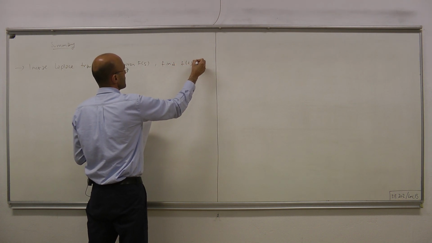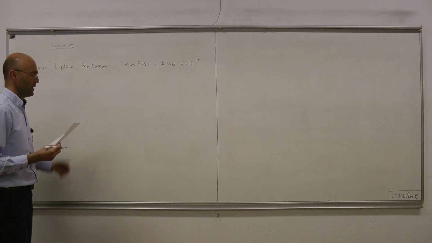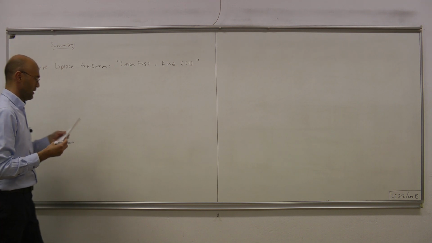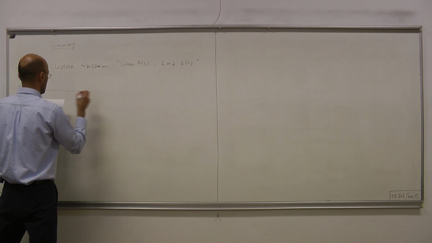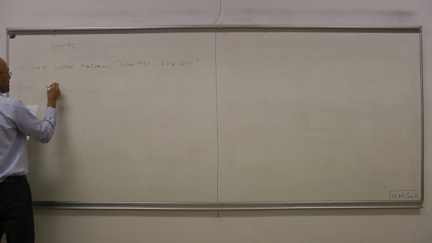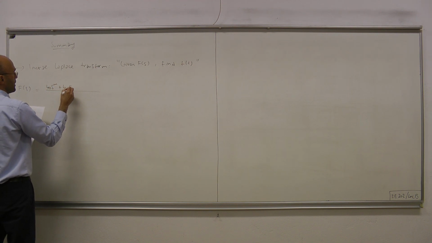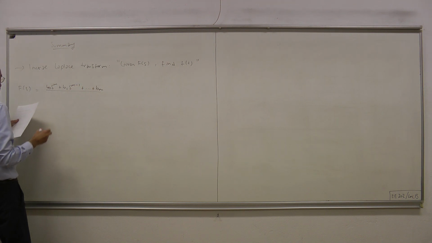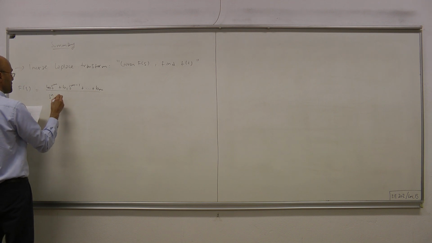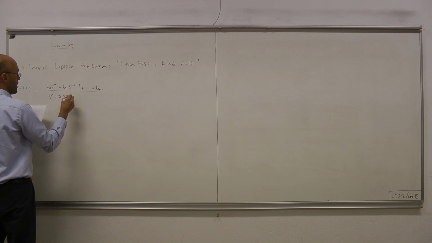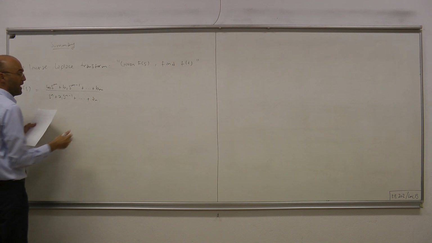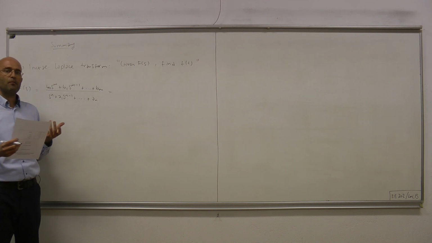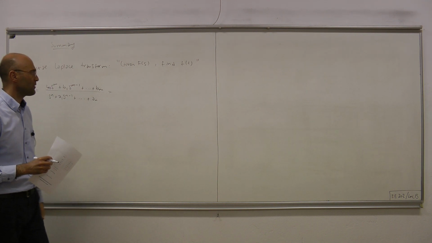Find f(t). Now, the F(s)'s that we were interested in had the following form. They are rational functions, b0 s^m plus b1 s^(m-1) and so on, over s^n plus a1 s^(n-1) and so on, up to an. So the very first step is to figure out the roots of the denominator polynomial, and those roots have a special name.